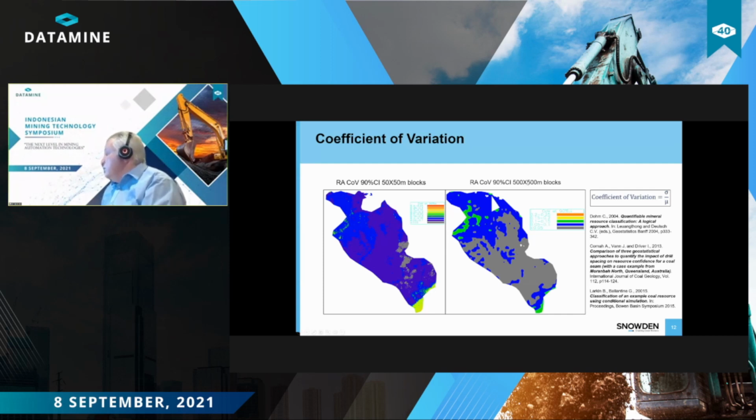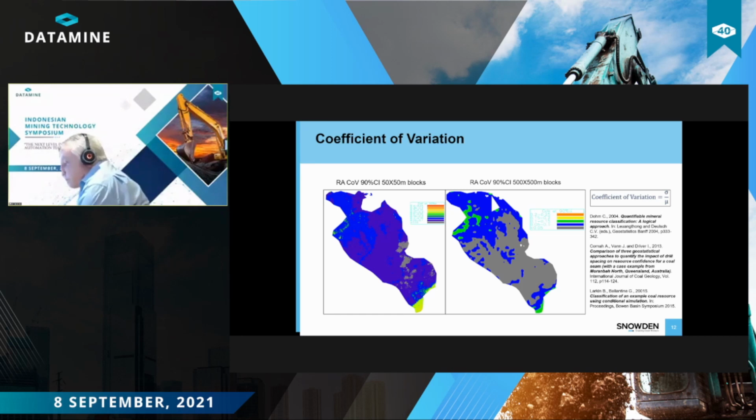If we look at the 500 by 500 meter blocks reblocked, the variation of the estimates goes down, and we can see now that the 0.05 or less than 0.05 COV covers a much larger area where the blocks are bigger.